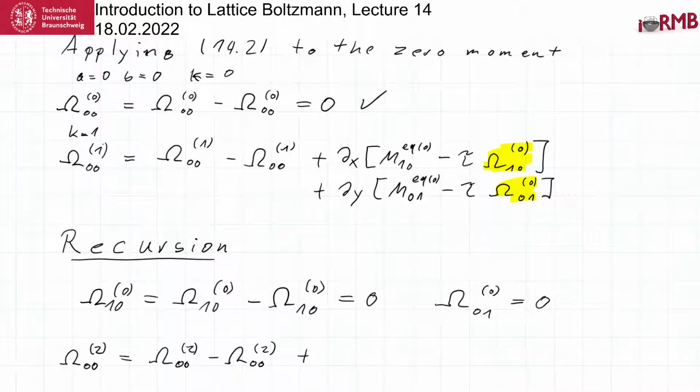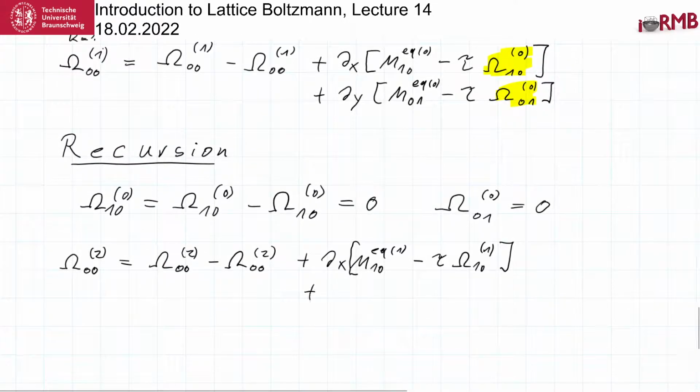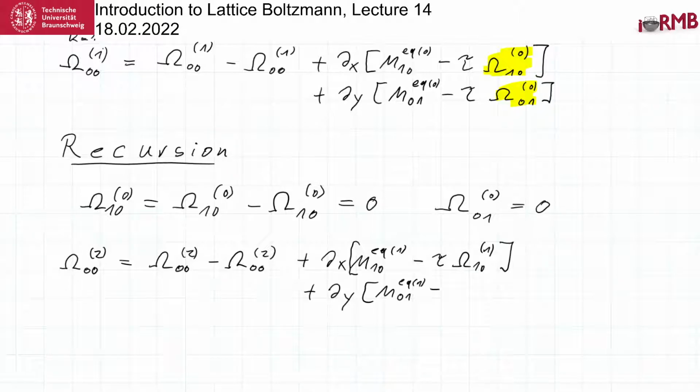What we are left with is dx m10 equilibrium first order minus tau omega 1,0 first order, plus dy m10 equilibrium first order minus tau omega 0,1 first order.